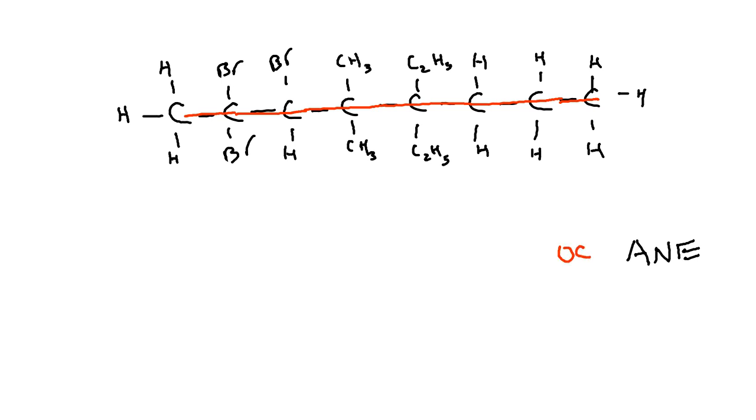Now anything that's not part of my longest chain is a substitution. Well, it's clear bromine is a substitution, and bromine, and bromine. Then I've got the CH3. Remember, CH3 is methyl: one carbon and an odd. Odd is eel. CH3, methyl.